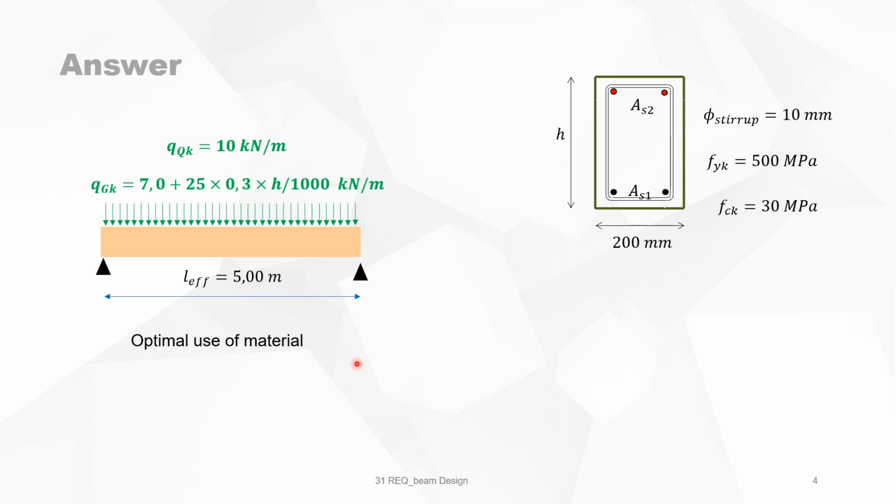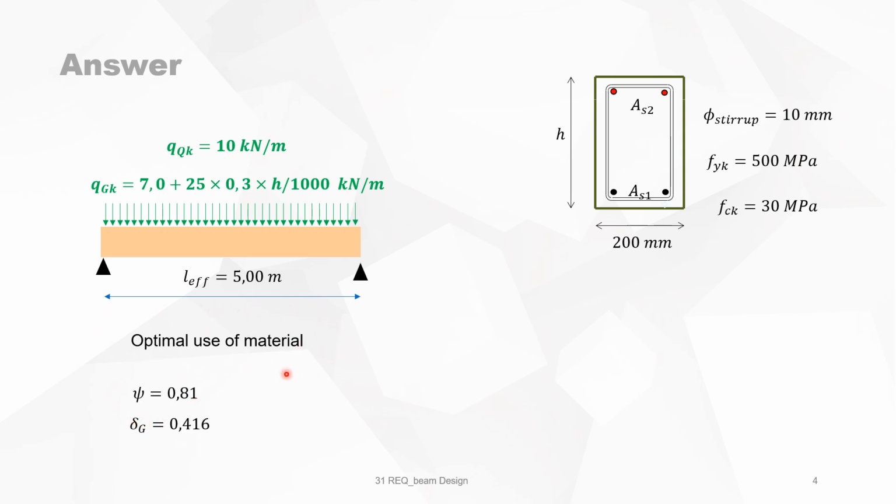We also know that we have to determine the depth of the beam by using optimal use of the material. It means that the maximum strain of concrete must be reached and the maximum strain of the reinforcement.